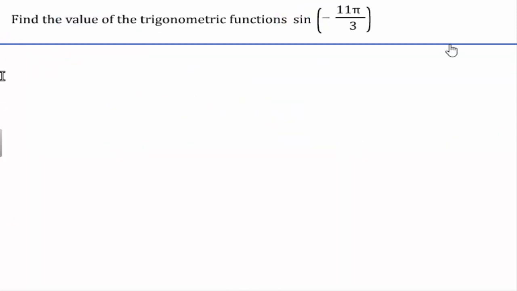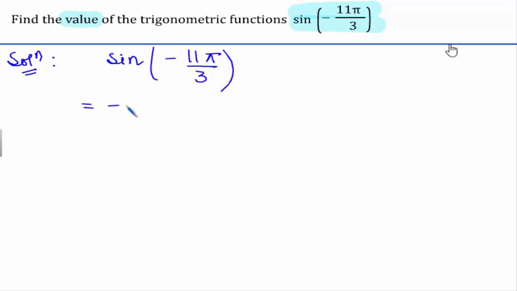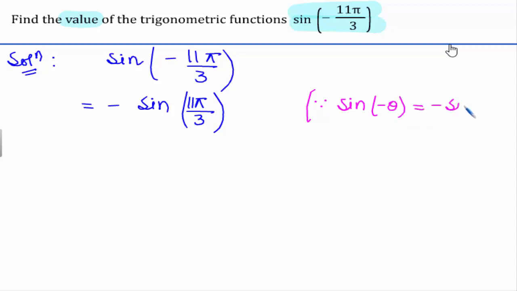In this question, we have to find the value of the trigonometric function sin minus 11 pi upon 3. Let's begin with the solution. And we have sin minus 11 pi upon 3. So this can be written as minus sin 11 pi by 3, since we know that sin of minus theta is equal to minus sin theta.